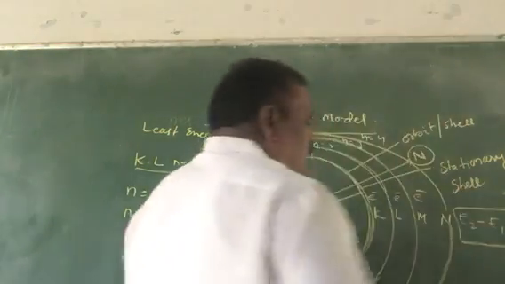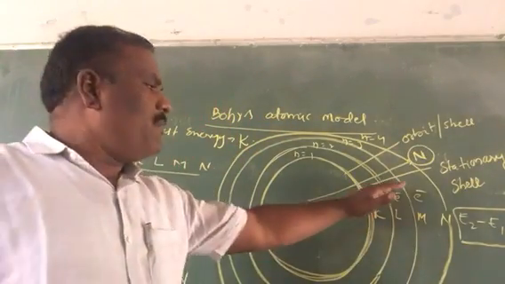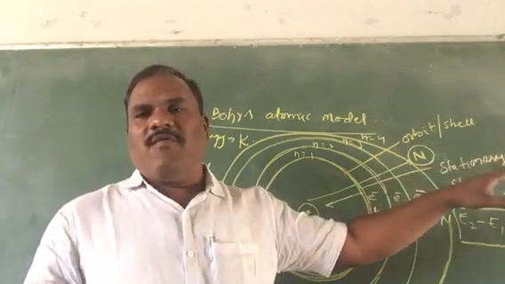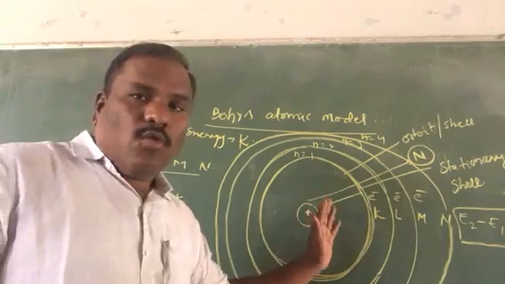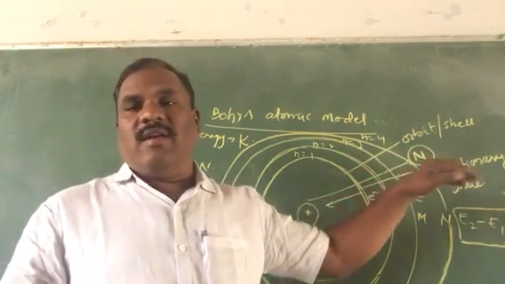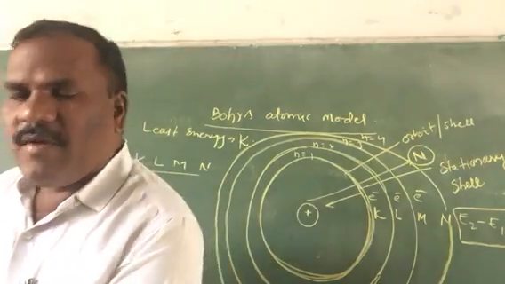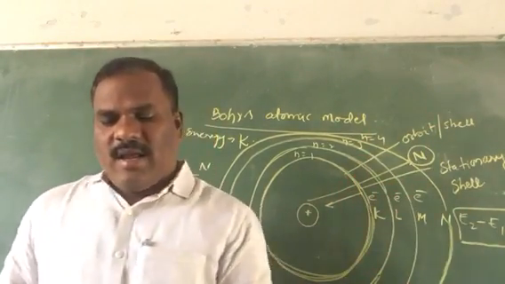That means, when the electron jumps from E2 to E1, from a higher energy level to a lower energy level, such an amount of energy is released in the form of radiation. At the same time, when the electron moves from a low energy level to a high energy level, energy is absorbed.